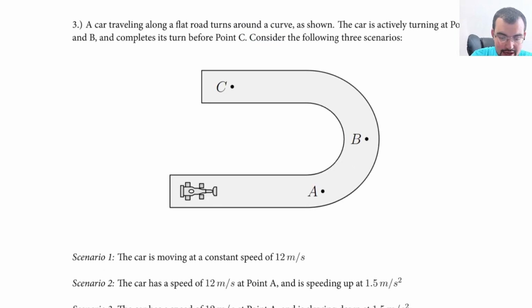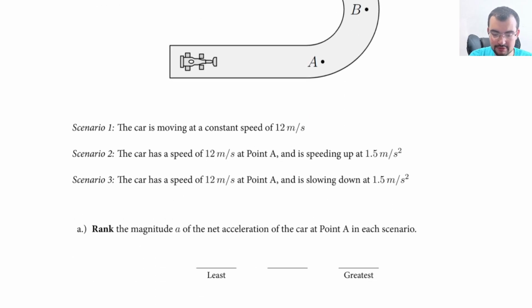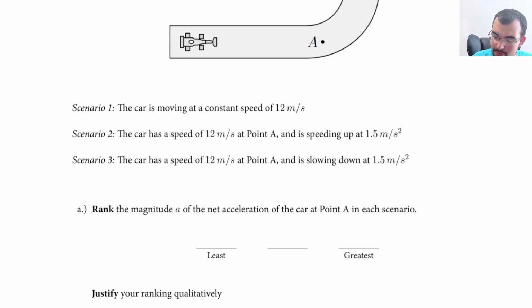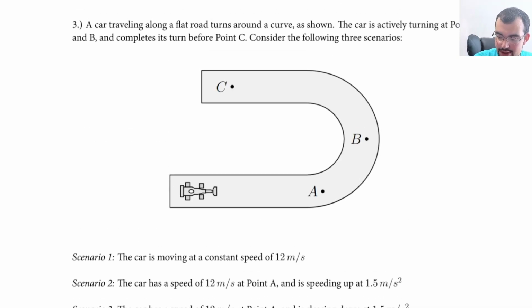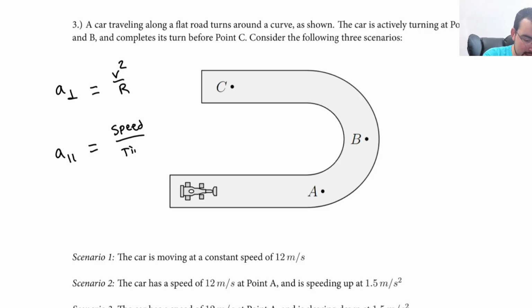So it does say that the car is turning, and the speed of the car is the same at all 3 points. So we actually know that there are going to be two acceleration components here. There's the radial or centripetal acceleration, v squared over r. And then there's the tangential acceleration, which is just equal to change in speed divided by time.